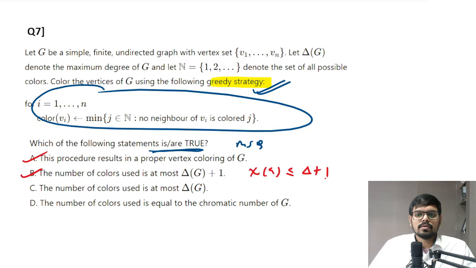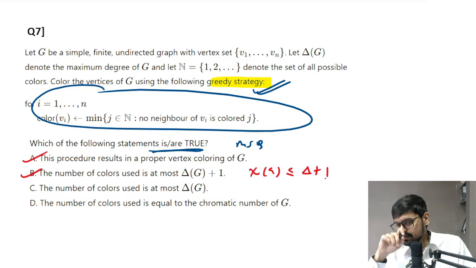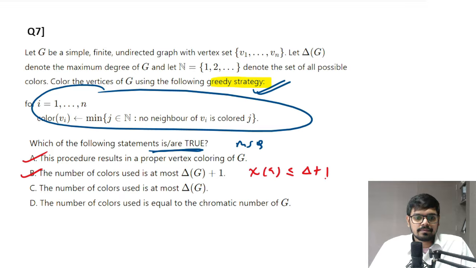The chromatic number is the minimum number of colors to be used, and greedy means it will try to use the minimum only. It will try. It will not always use the minimum. It will try to use the minimum. So the upper bound is delta plus 1. Makes sense? Upper bound is delta plus 1.